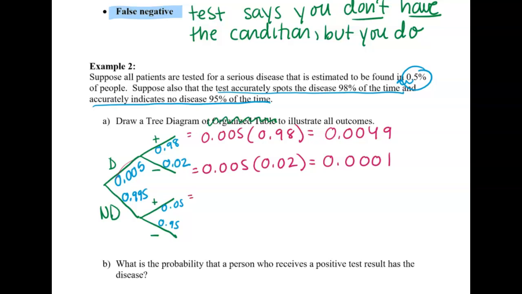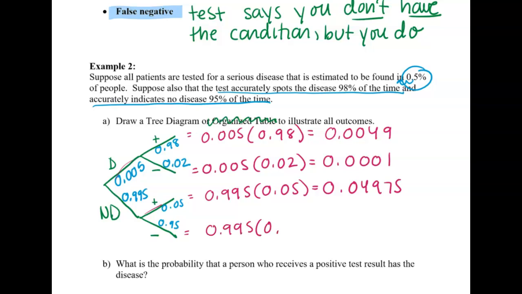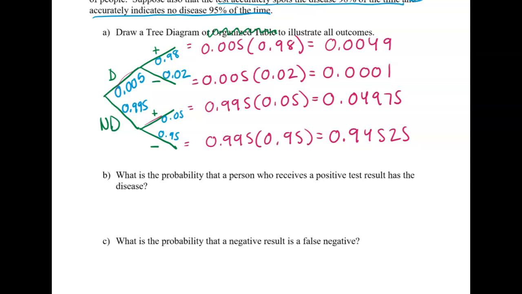Moving down here, no disease and plus, 0.995 times 0.05 equals 0.04975. And finally, no disease and negative test is 0.995 times 0.95, which is 0.94525.